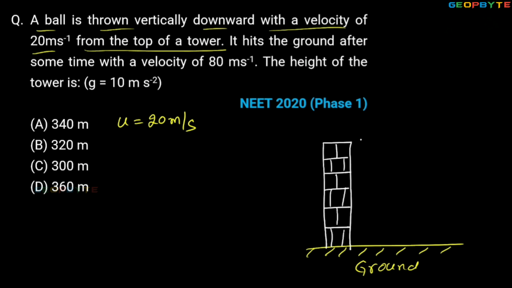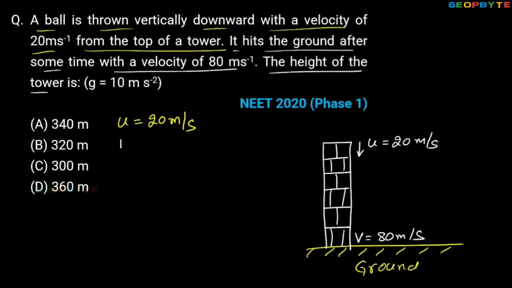From the top of the tower, it is falling with a velocity u equals 20 meter per second. It hits the ground after some time with a velocity of 80 meter per second. By the time it reaches the ground, final velocity v is given as 80 meter per second. What is the height of the tower h? Given g equals 10 meter per second square.